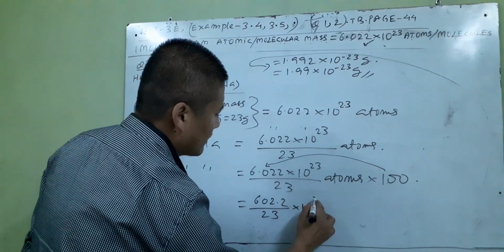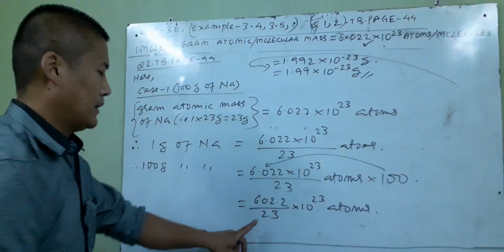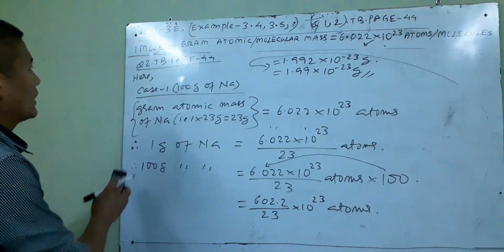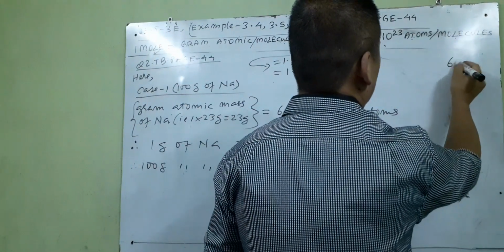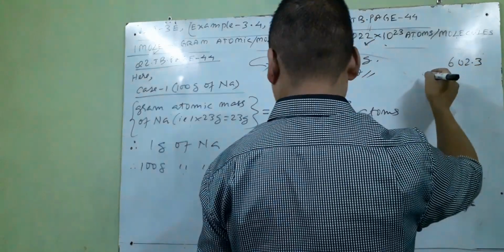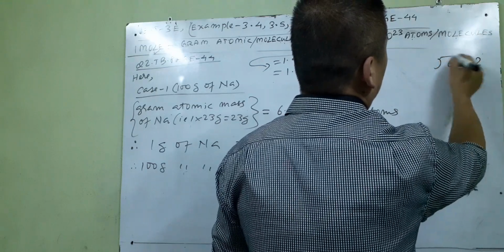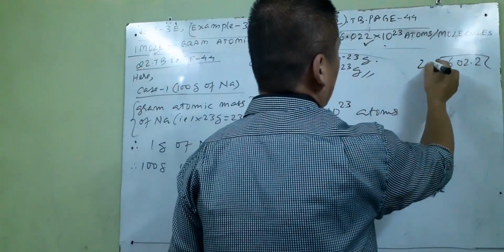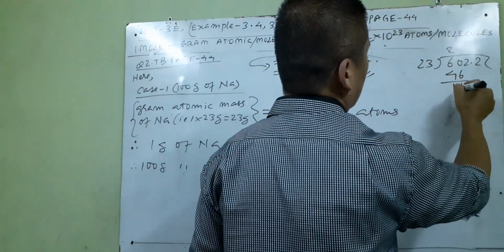Let us write that part, atoms. You can separate it, not needed, but if you want, you do like that. Now let us divide this part and see, and bring it to standard form. So 602.2 is divided by 23. 23 twos are 46, so 4 remain. 5 minus 4, 1.